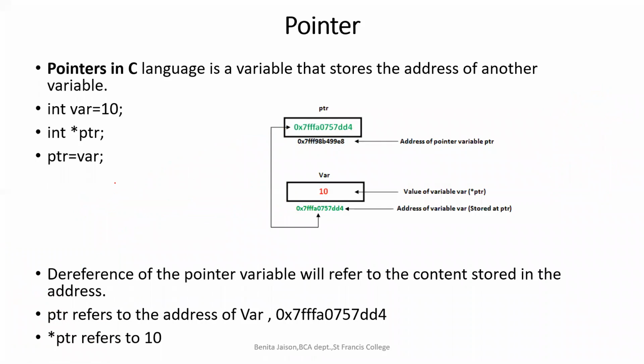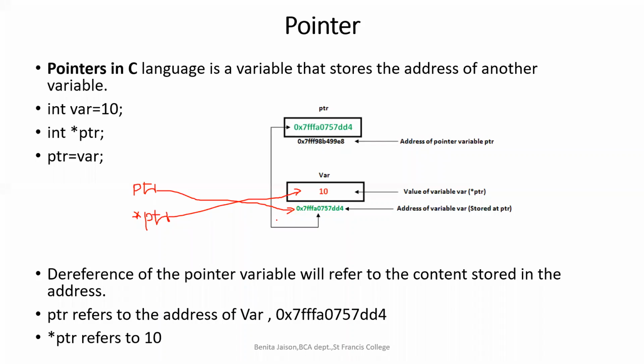So you should tell me, if I'm using PTR in any of the statements, it will be referring to the address of the variable var. If I'm using star PTR, if I'm putting an asterisk symbol before PTR, it will refer to the value of the variable var.